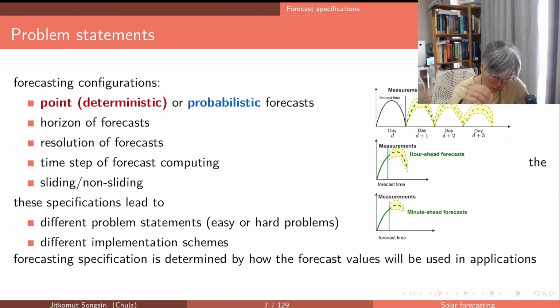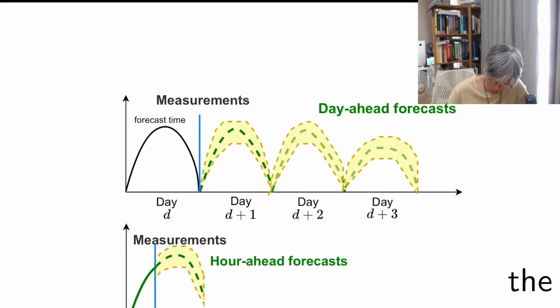A proper forecasting problem consists of the description of whether you're going to perform a point forecast or a probabilistic forecast. A point forecast is of course to give a single value of solar power in the future.